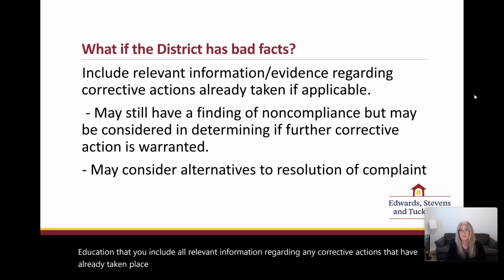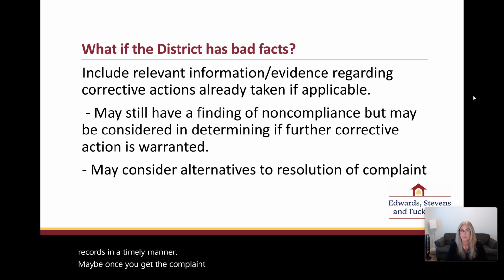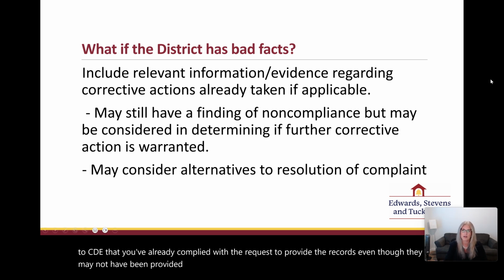For example, if the allegation is that the school failed to provide records in a timely manner, maybe once you get the complaint, you send the records to the parent, and you indicate to CDE that you've already complied with the request to provide the records, even though they may not have been provided in a timely manner. This way they have all the information.